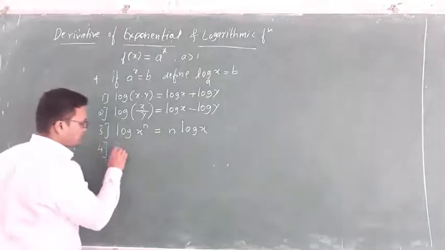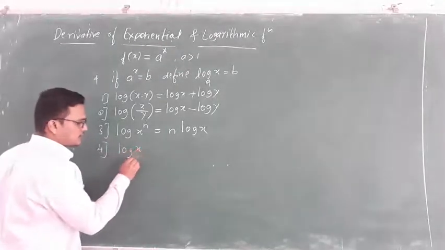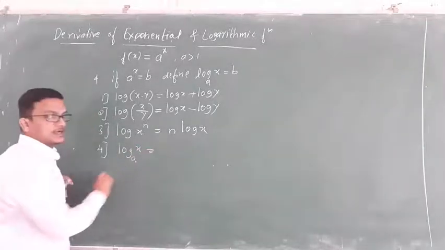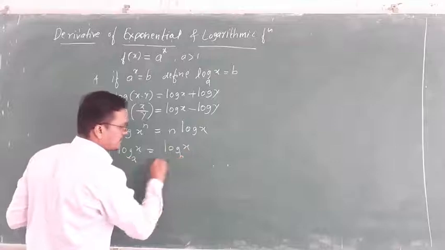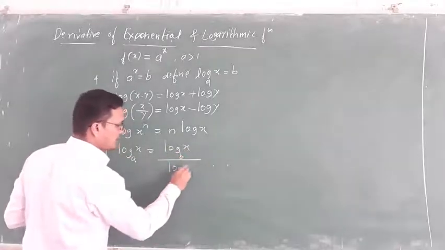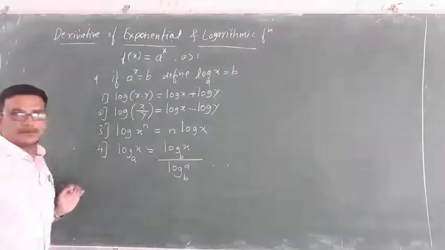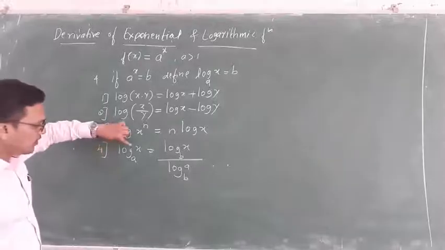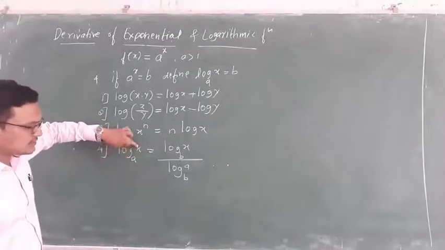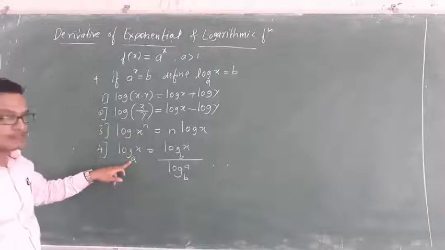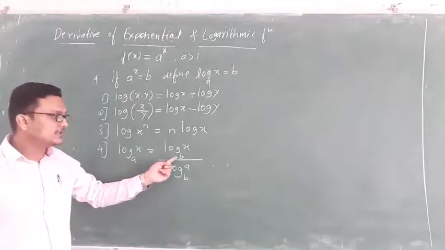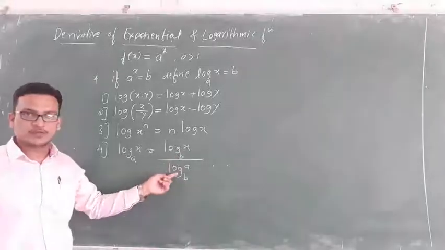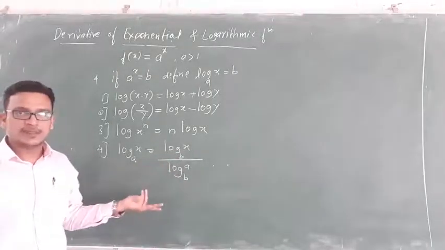Fourth property, log x to the base a can be written as log x to the base b divided by log a to the base b. Means what we can do here, this x already is a function, but here a is a base, but this a also we can consider as a function by considering the new base, that is b. You can take any other base also.